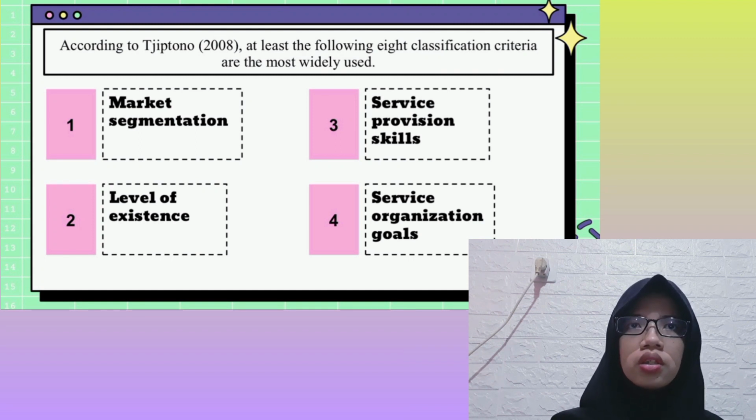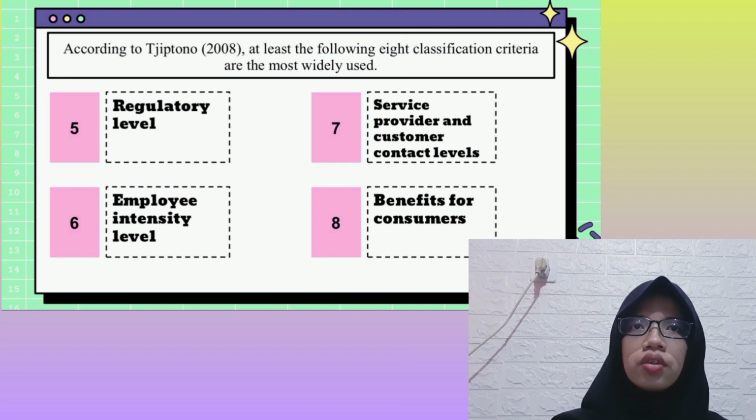Based on organizational objectives, service can be classified into commercial or private service, and non-profit service.